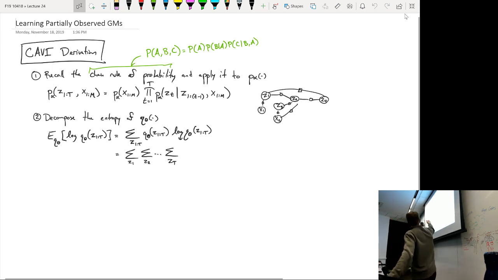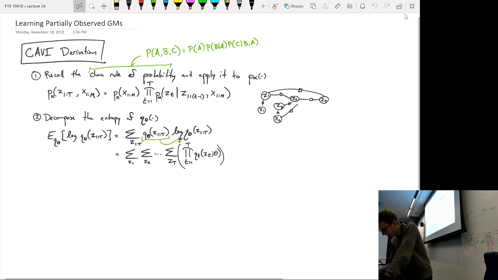And then we can replace the q thetas with the mean field approximation. So that would be a product from t equals 1 up to capital T of qt of zt, and that's with parameters theta. So that's our first term here.